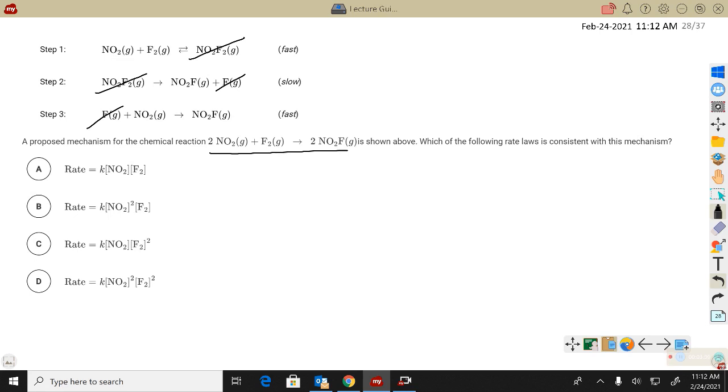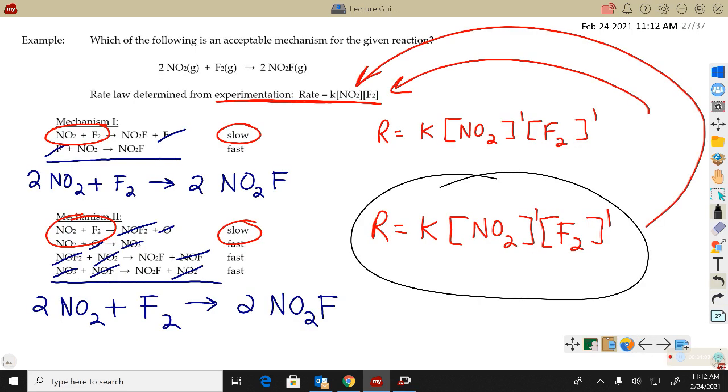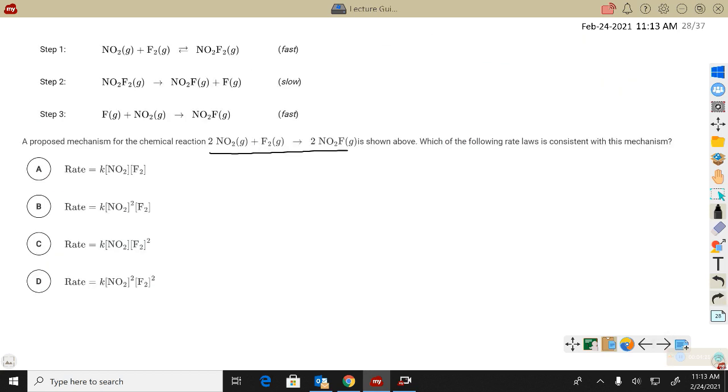Okay, so here's what I want to show you about this mechanism. It's a little bit different than the mechanisms that we previously looked at, even though they're all for the same balanced equation. You can have multiple acceptable mechanisms, and then it just becomes a matter of studying these things like crazy in the lab to find, well, what really were the intermediates, or what was the catalyst?